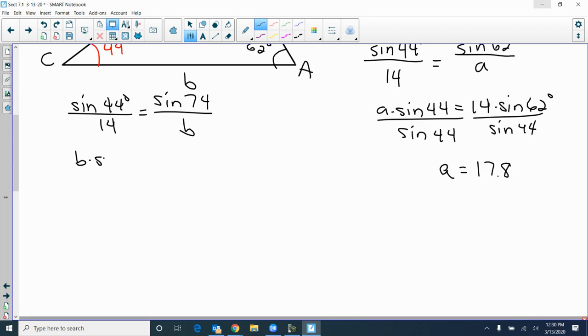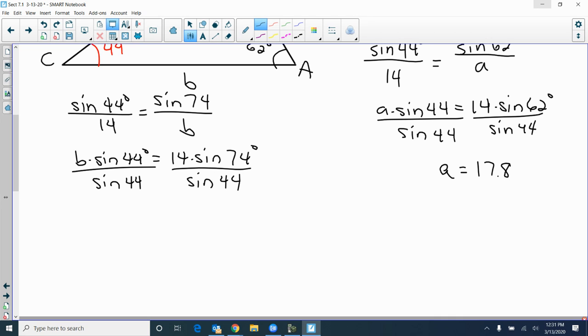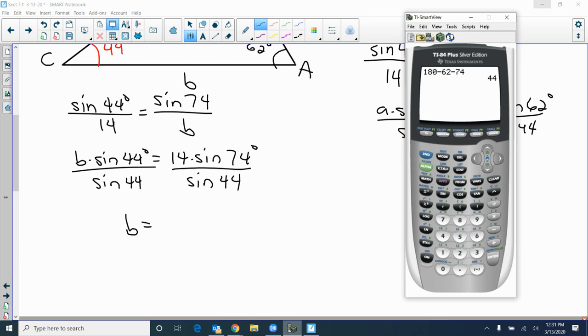Cross multiply. Divide by sine of 44. And so we get 14 times sine of 74.